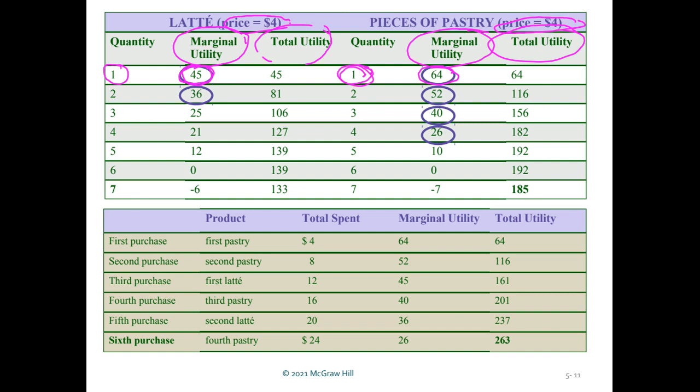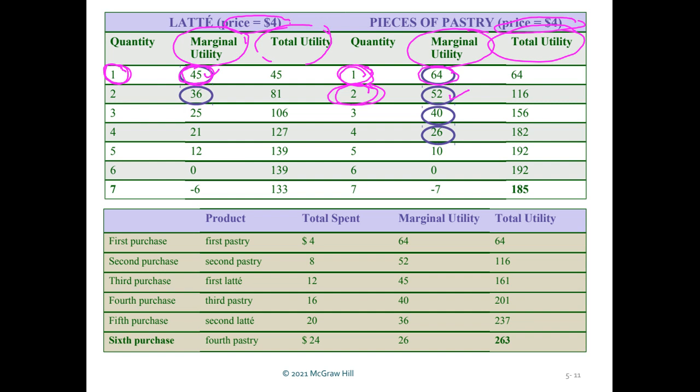Now she hasn't bought any latte. Then second pastry. If she buys the second pastry, she gets 52 additional utility, and for the first latte, the utility is still 45, which is less than 52. So Anna will continue to buy the second pastry and spend another $4 on it.